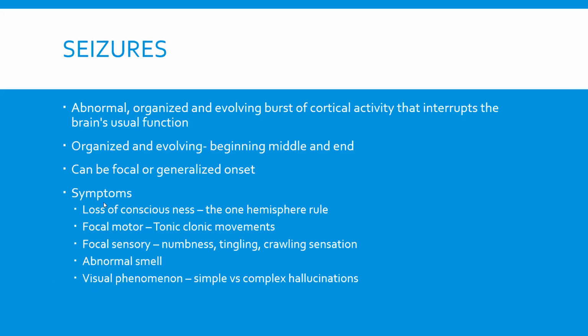There's also an interesting thing about loss of consciousness. If the seizure is only occurring over half of the brain, usually you should be able to maintain consciousness. Obviously you'd be confused, but you can usually maintain consciousness. If you have the seizure affecting both halves of the brain, then you'll pass out. You lose consciousness, and you'll drop to the floor.